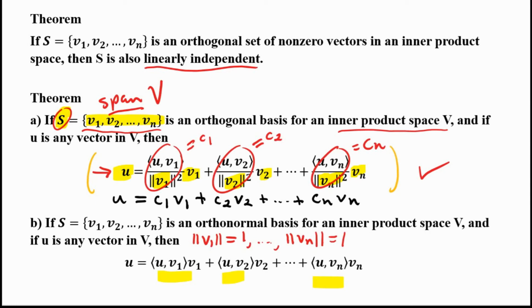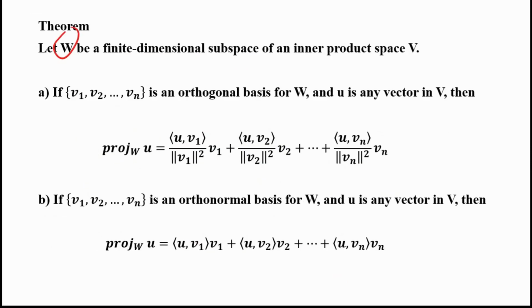So what is this u? We're really trying to well define it, that u is actually the projection of u onto W. And so we get that same formula, that it becomes a linear combination of the vectors v1 to vn with their scalars. And then likewise, if each of the vectors here are orthonormal, that means that if each vector's norm is equal to 1, then we get the same thing here, but the denominators are 1.